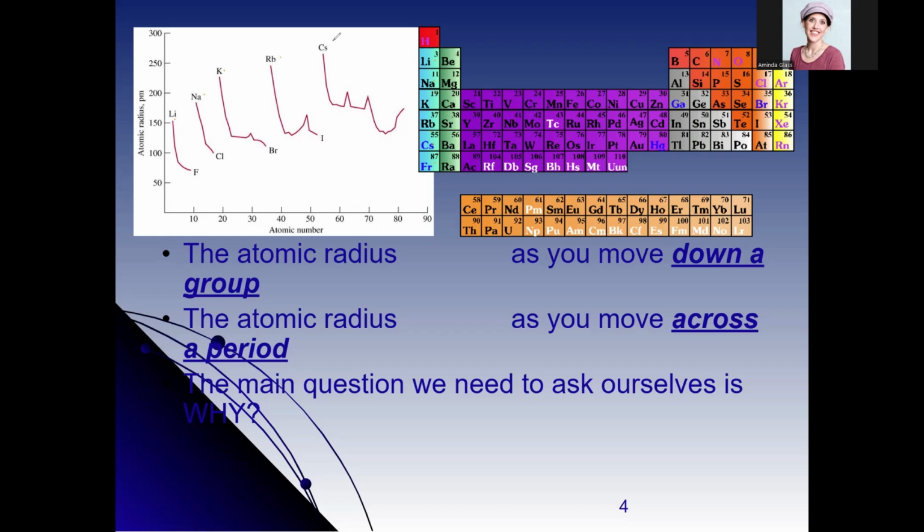So what do we notice if we go ahead and say, well, we're going to graph atomic radius by atomic number? What do we notice happens with the atomic radius from lithium to sodium, from sodium to potassium, from potassium to rubidium, from rubidium to cesium? They all increase. So as we go down the periodic table, the radius increases.